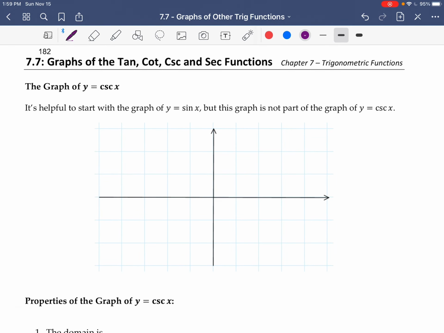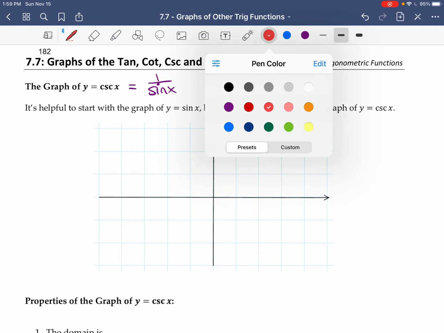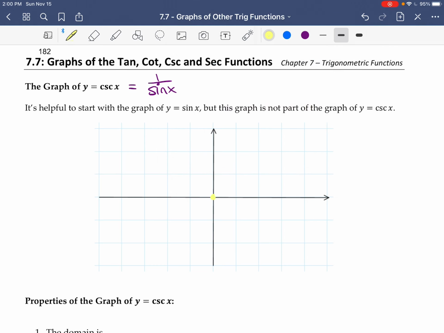So remember, cosecant is 1 over sine of x. So it's helpful to start with the graph of sine. I'm going to draw the graph of sine in a really light color. I wonder if yellow will show up. Maybe that's too light. Okay, let's try green. So we know that it goes up to 1, down to 0, down to -1, up to 0.